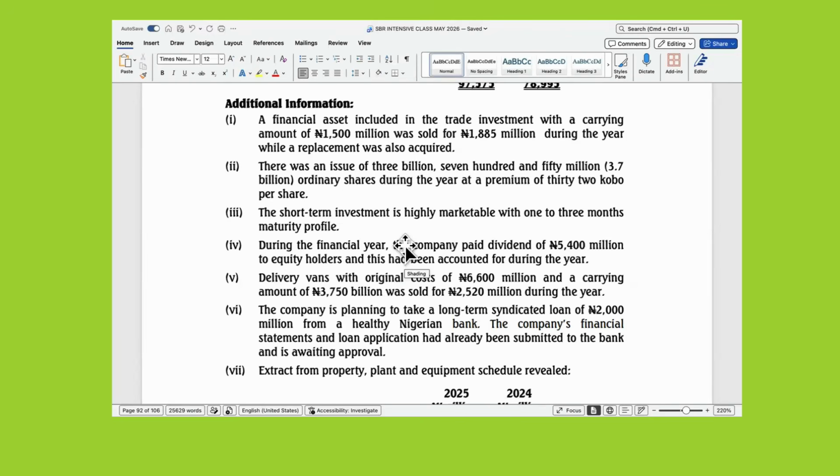Because cash equivalents are cash in hand, cash at bank, and highly short-term investments that are easily converted to cash within 1 to 3 months. Those are cash equivalents. Note 4 is talking about the fact that they paid the dividend.